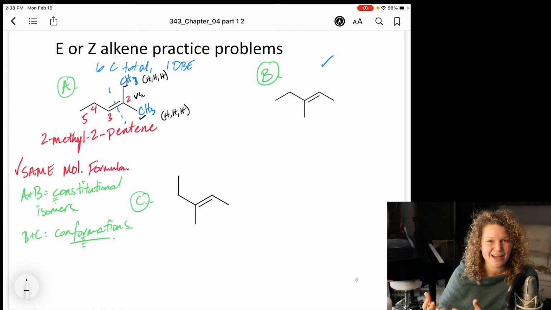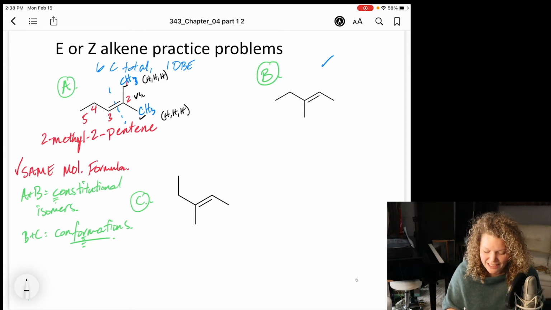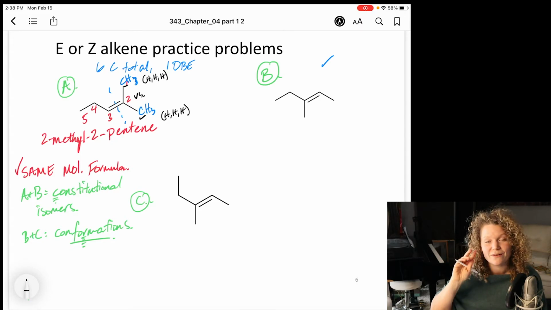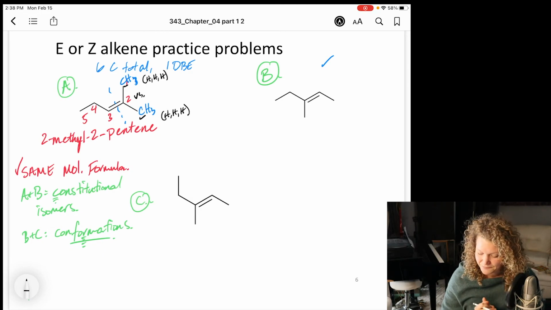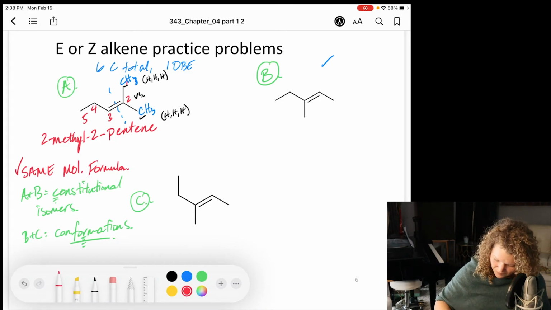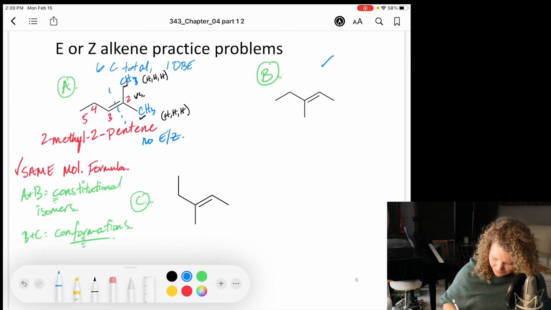You can't get the other diastereomer. There isn't one. So this alkene is simply 2-methyl-2-pentene. It's the only way to put it together to make this compound. When you have two groups the same on the right or the left side, there is no E or Z or trans or cis naming. Let me just go ahead and write that out real quick. No E or Z.